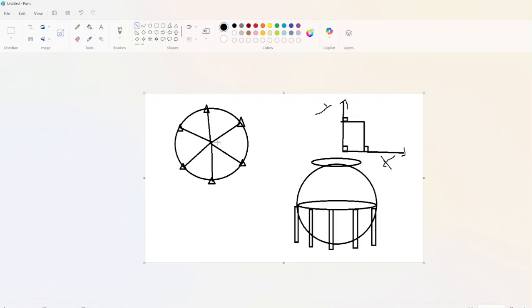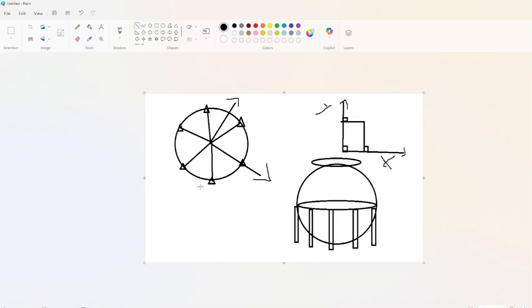And let's say this radius is the x-coordinate. So let's draw the y-coordinate here. Okay, let's extend this. So these are the coordinates I marked with the arrows.